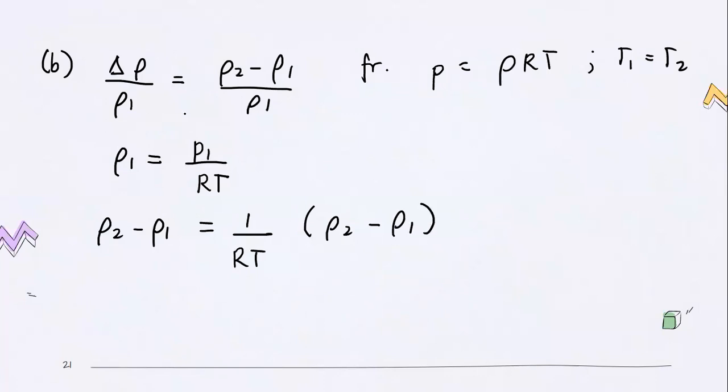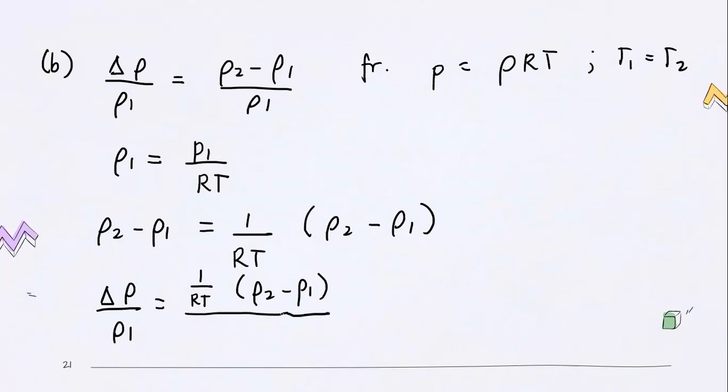Okay, then substitute. Change in rho over rho 1 is equal to 1 over RT times rho 2 minus rho 1 over rho 1, which is P1 over RT. Correction with this one.